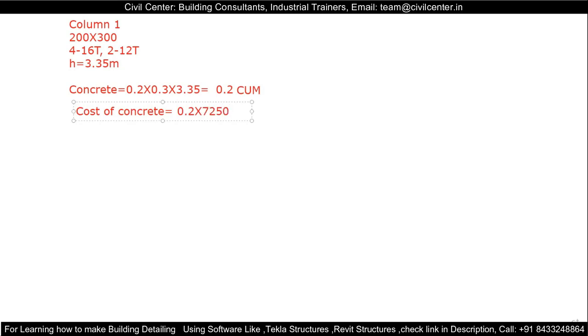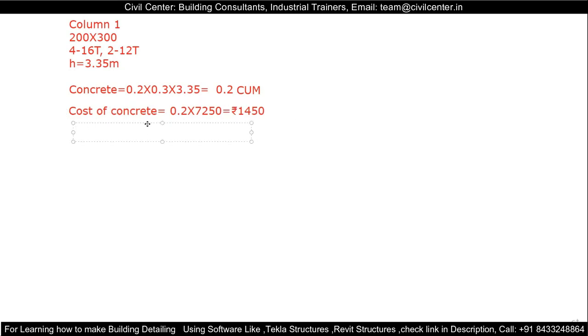So that will calculate the cost of the concrete. Now let's see how much it is. So we will again take the help of the calculator, and there we will go for 0.2 into 7250. So this is coming 1450, and I can also enter the unit over here, so that is in rupees. So this is the cost of the concrete.